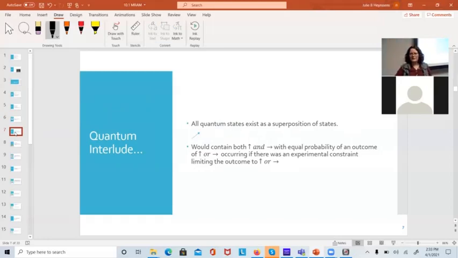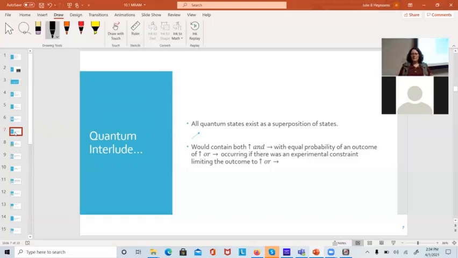All quantum states, and the spin of an electron is a quantum state, actually exist in a superposition of states. I can polarize them in one direction or another. Now, if I polarize them at a 45-degree angle and I force an experiment that says this is going to have to turn out at 0 degrees or 90 degrees, two orthogonal states, when I measure this thing at 45 degrees, there's going to be an equal probability of it coming out being 0 degrees or 90 degrees.